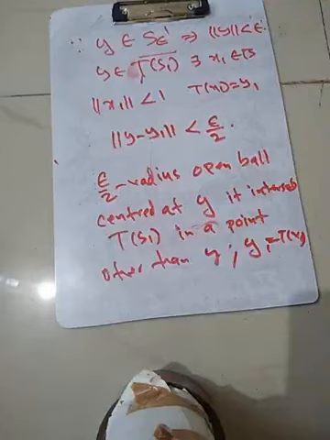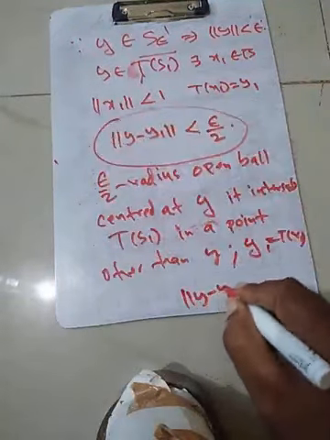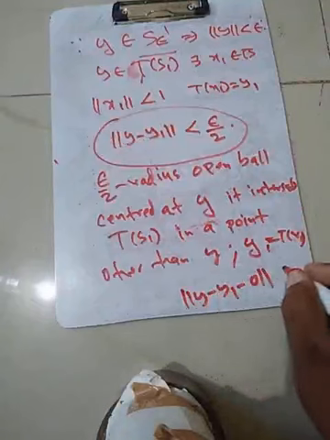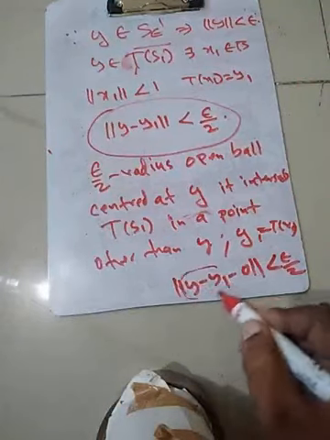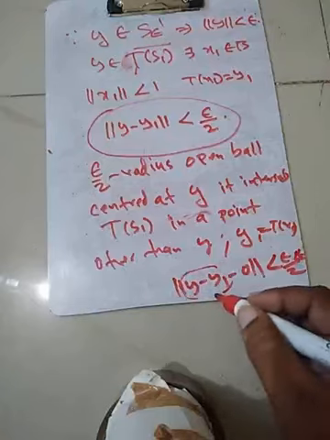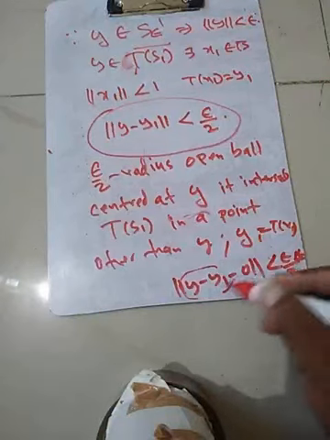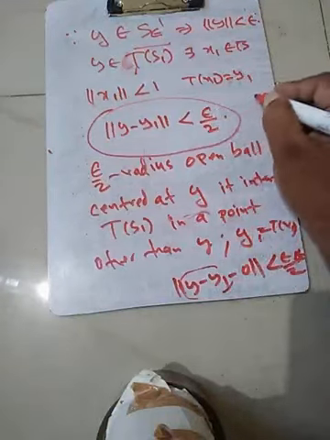Since the norm of y minus y1 is less than epsilon by 2, and the distance of this object from 0, the norm of y minus y1 minus 0, is less than epsilon by 2, and epsilon by 2 is strictly less than epsilon, this point y minus y1 is also in S'_epsilon. So y minus y1 is in fact in what ball?